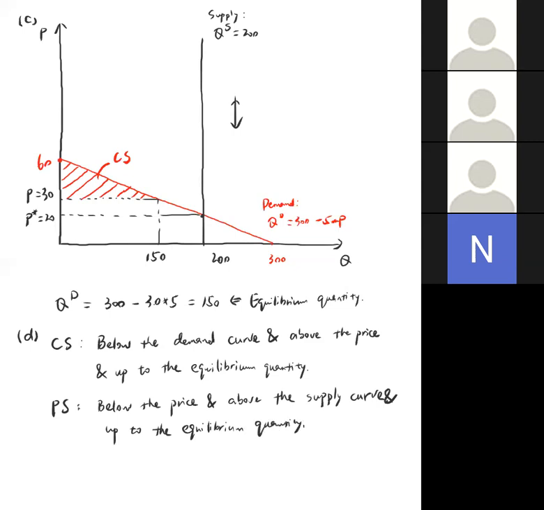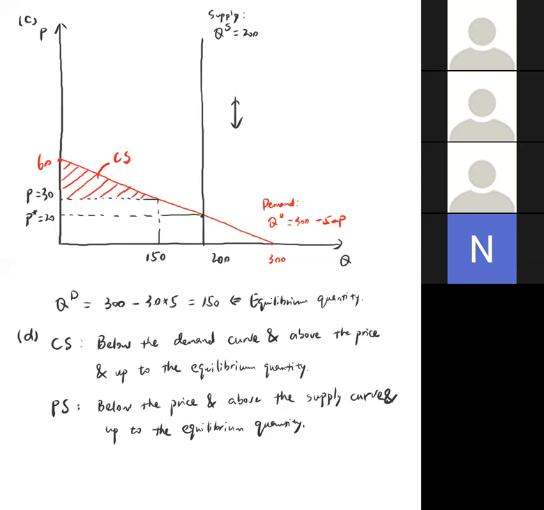But in our case, it's a little bit tricky because unlike the common supply curve, which is an upward sloping straight line, now it's a vertical line. So it's kind of difficult to tell which area is actually above the supply curve.